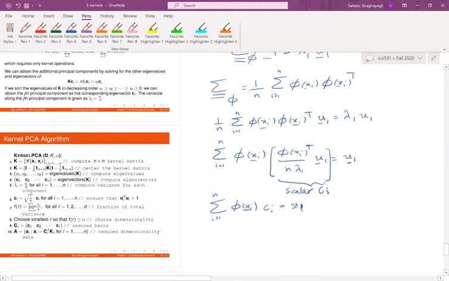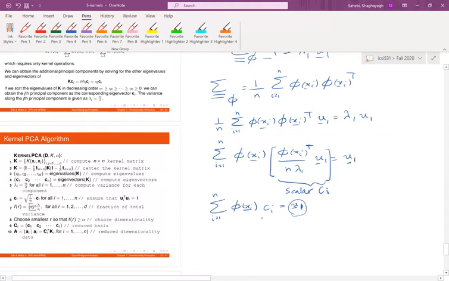So what does this mean? This means that we can get to u1, which is the direction of maximum variance or principal component in the feature space, using a linear combination of points in the feature space. Why linear combination?